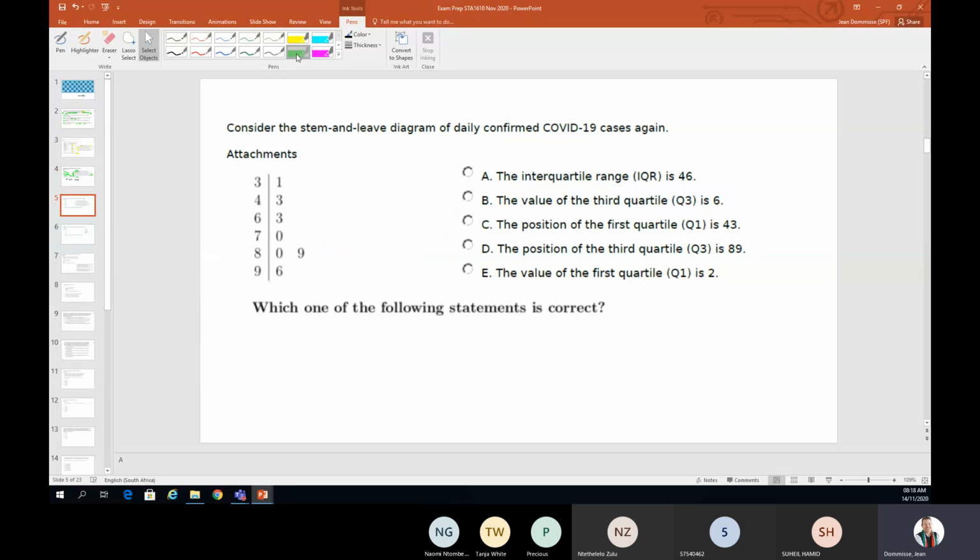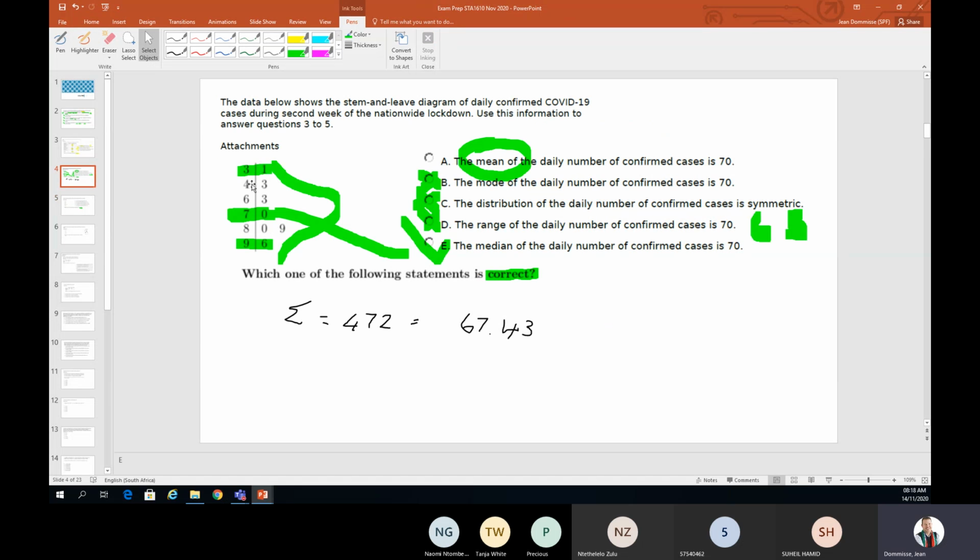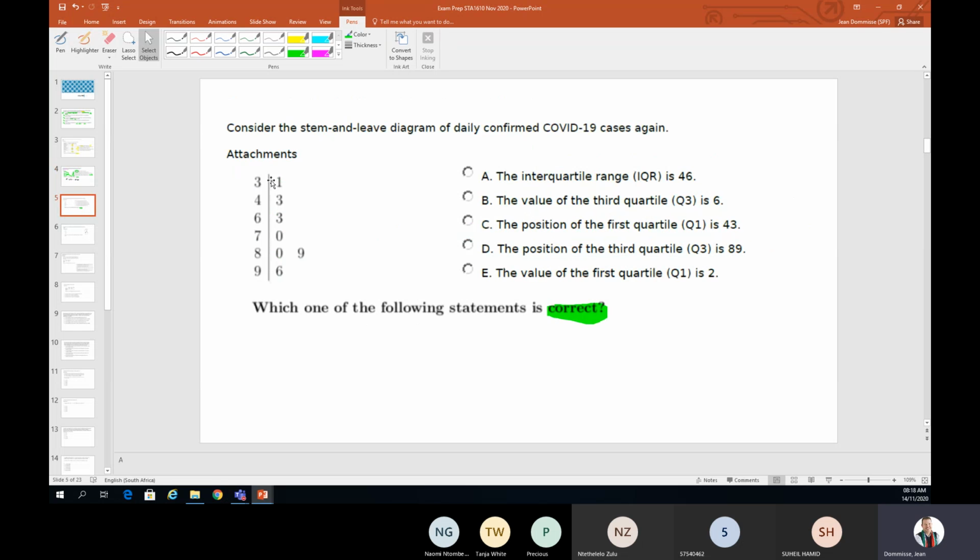So again, we're looking for the correct answer. Is it the same stem and leaf, 31, 43? So it's all the same. Consider the stem and leaf diagram again. Which one is correct?